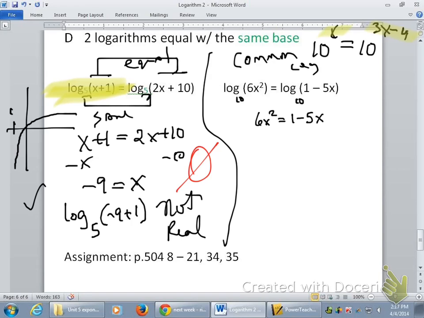And what type of problem is this? Okay, so my problem just switched from a logarithm problem to a quadratic problem. So now I have to use my quadratic techniques. I think we're going to add the 5x and subtract the 1 and get 6x squared plus 5x minus 1 equals 0.